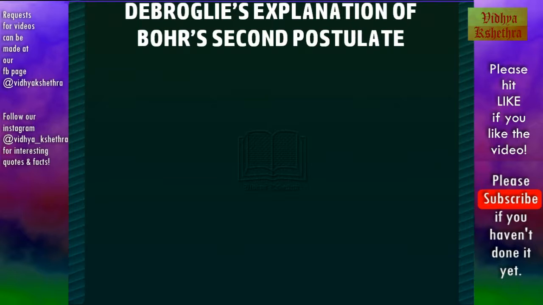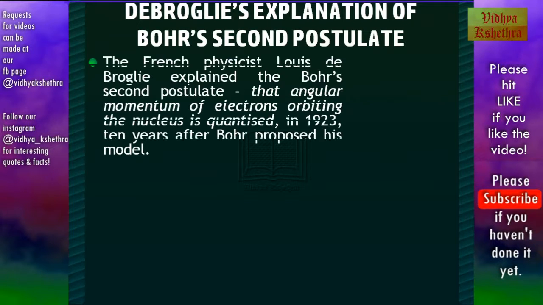Now we can see de Broglie's explanation of Bohr's second postulate. The French physicist Louis de Broglie explained Bohr's second postulate, that is, that angular momentum of electrons orbiting the nucleus is quantized, in 1923, 10 years after Bohr proposed this model.